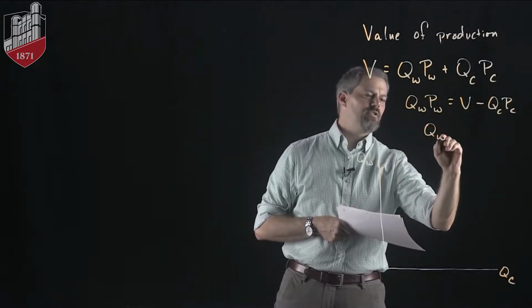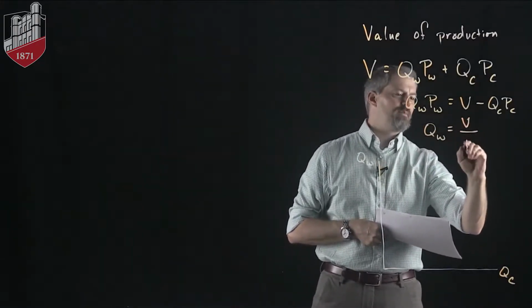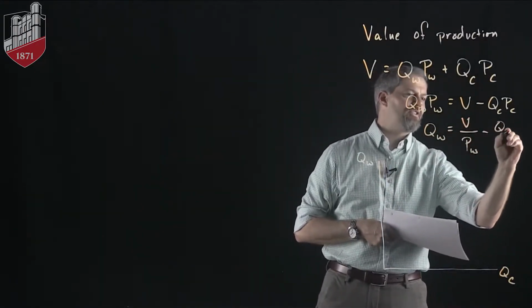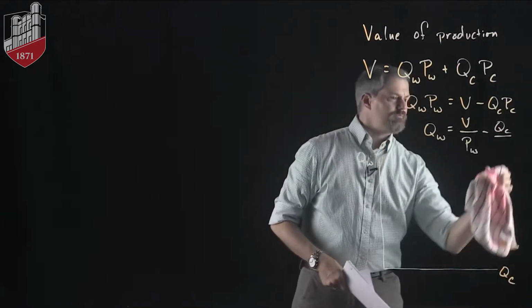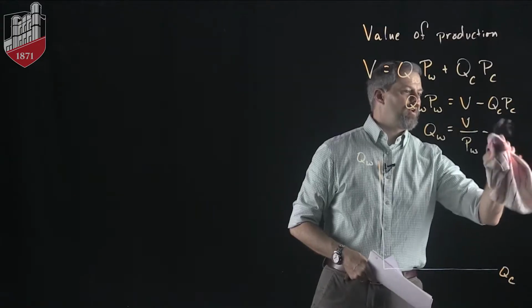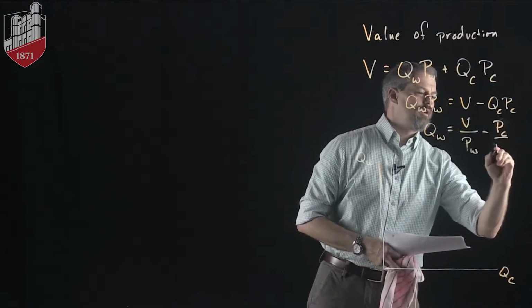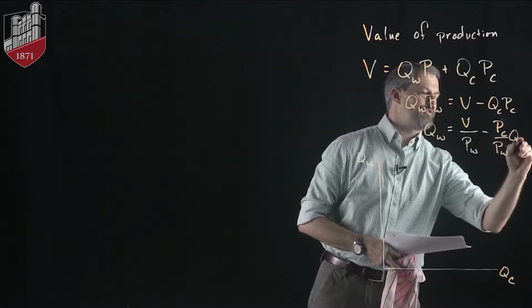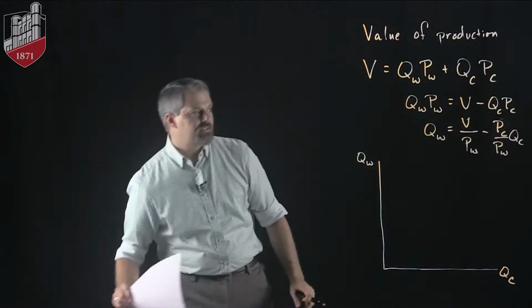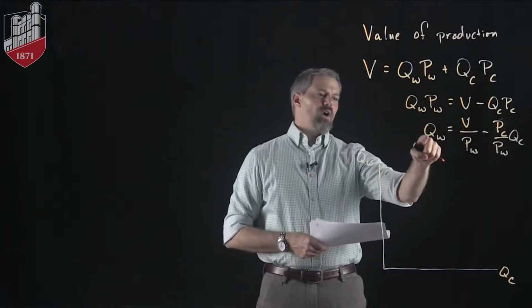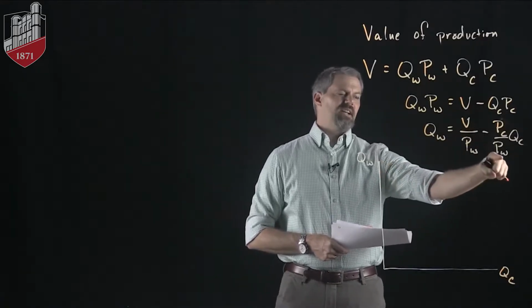Now I want this by itself, so I'm going to divide by the price of wine. That leaves me with QW on the left side. I get V divided by the price of wine minus PC over PW times QC. So now I've got quantity of wine by itself, and I've got my intercept, and I've got my slope.